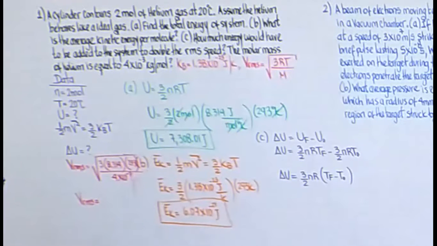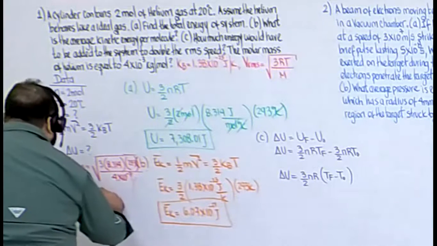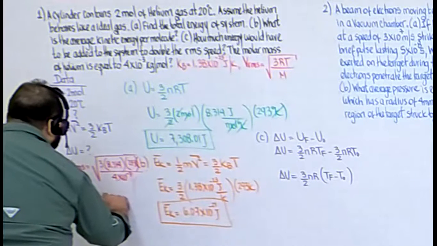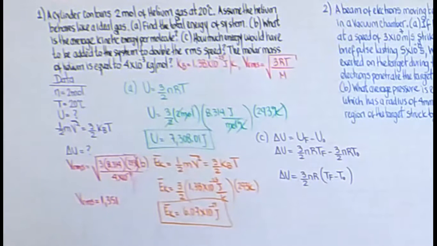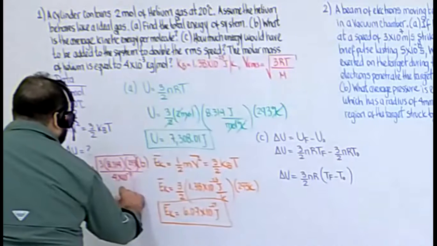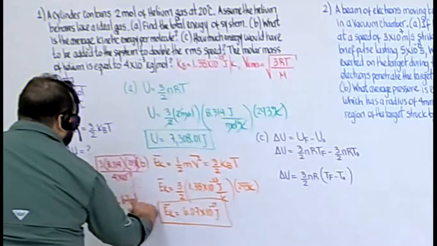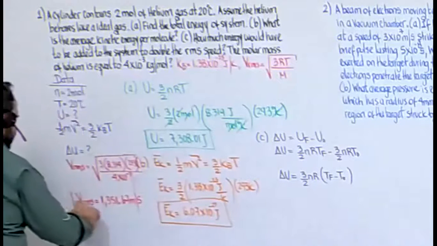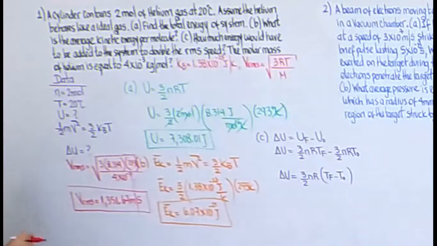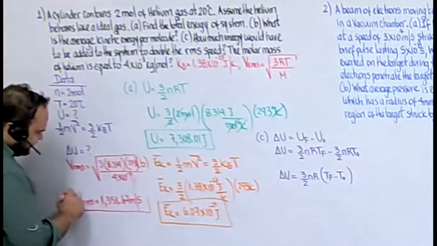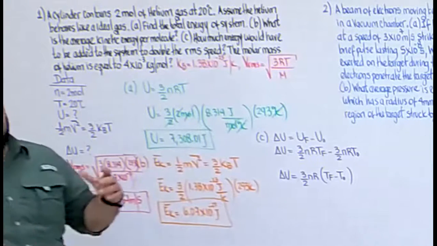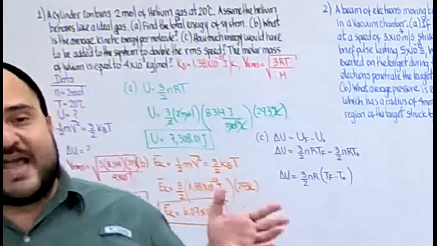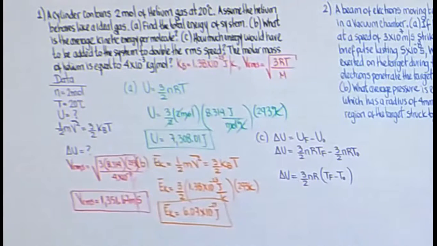So the original speed will be 1,351.67 meters per second. This is the initial velocity, at the moment using the temperature of 293 Kelvin.